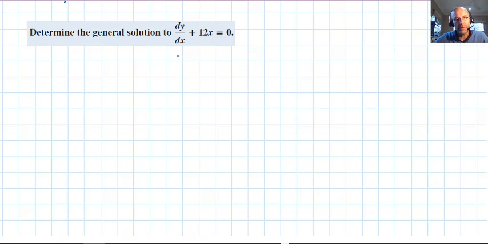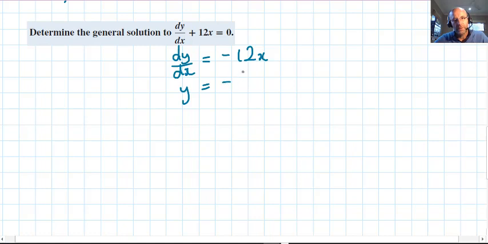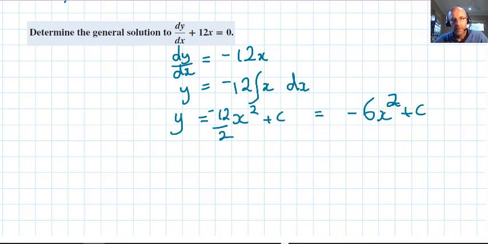What we do is isolate dy dx, so dy dx equals negative 12x. You know what to do. You take the integral of negative 12x to undo the derivative, and you've seen that before. No biggie, and y equals negative 6x squared plus c.